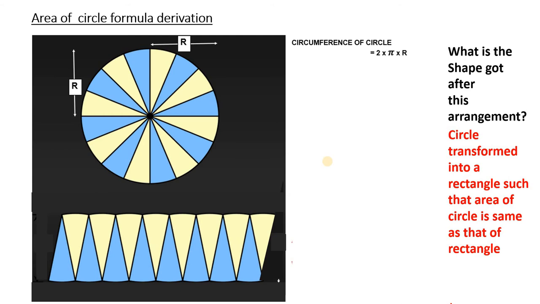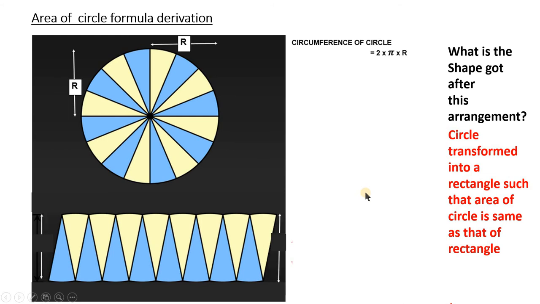The more parts taken, arranging in the fashion I have shown you, the more it will look like a near rectangle made up of the sectors of the circle. And the beauty is that the area of the circle and the area of the rectangle formed by the sectors of the circle are the same.